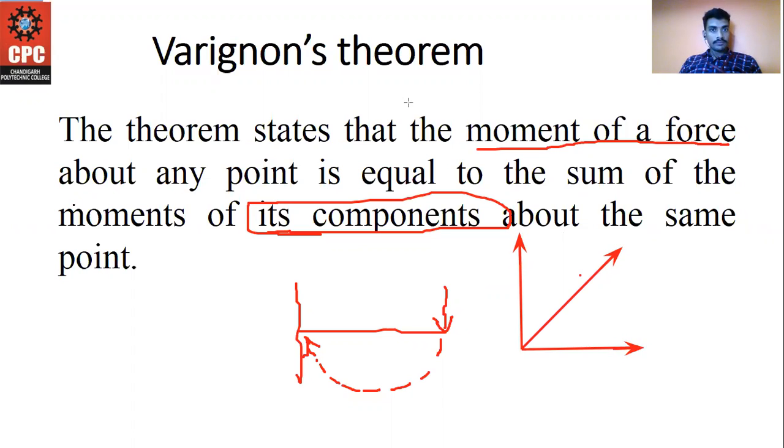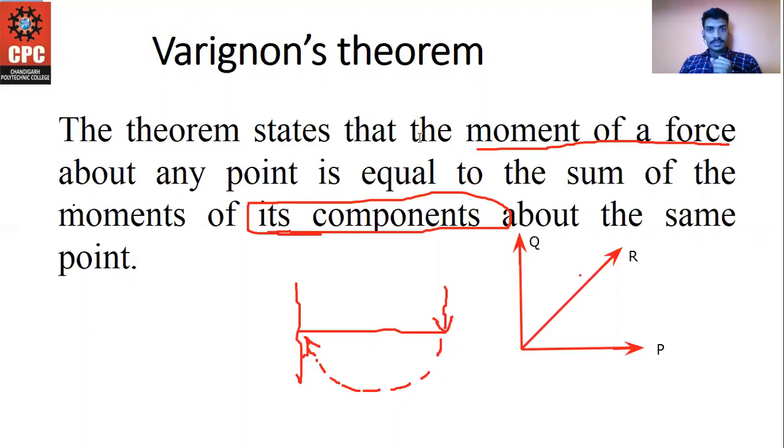You can name them: this is P, this is Q, and this is R, which means R is for resultant. So these two forces can be represented as a resultant. I can represent these two forces as a resultant. So that is what it is saying about components.